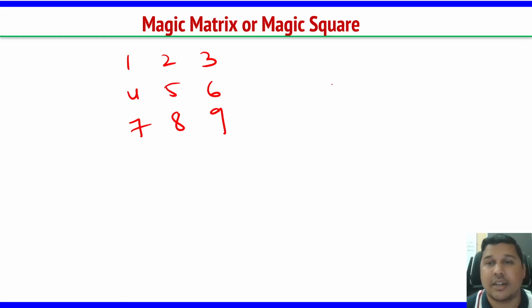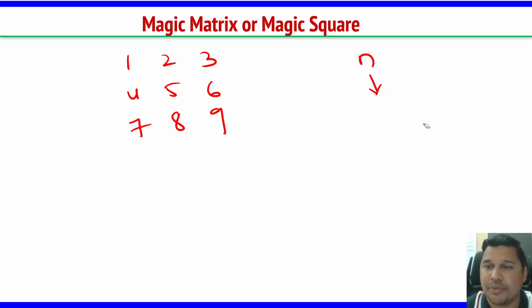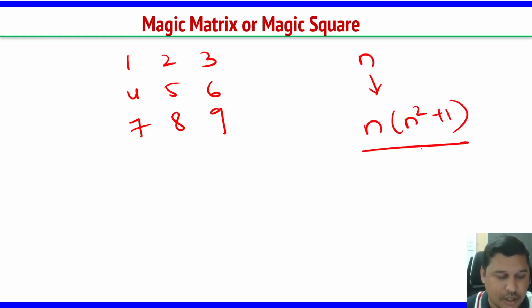So for that, given a matrix of size n, the sum of each row, each column and each diagonal will be n into n square plus 1 by 2. Just a second, it is n into (n square plus 1) by 2.